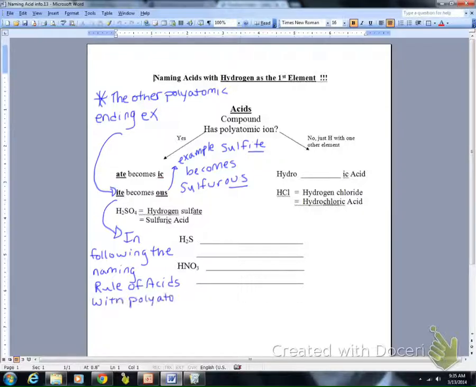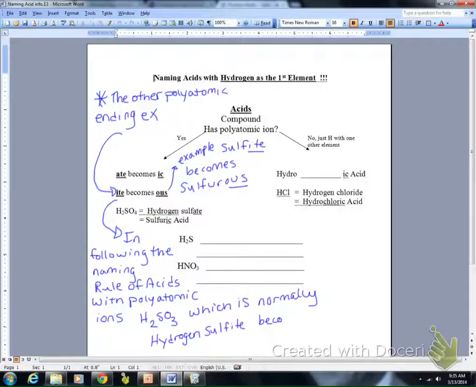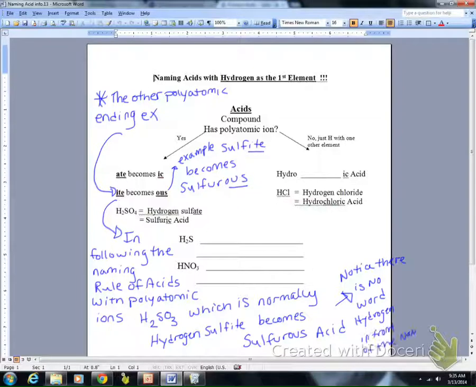H2SO3 would be hydrogen sulfite normally, and so it becomes sulfurous acid. Just remember, there is no hydro in the name of acids with polyatomics. We cannot stress that information enough. That will really help you identify whether it's a binary or an oxyacid.